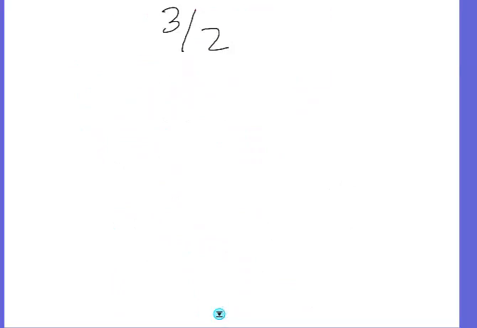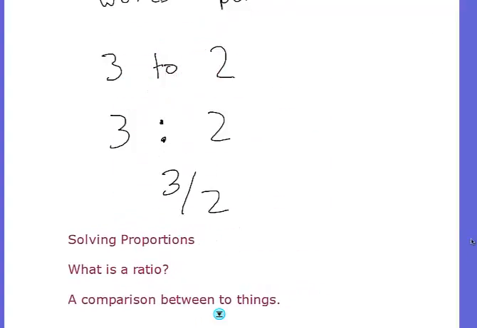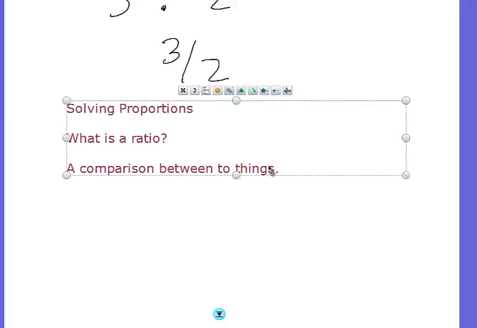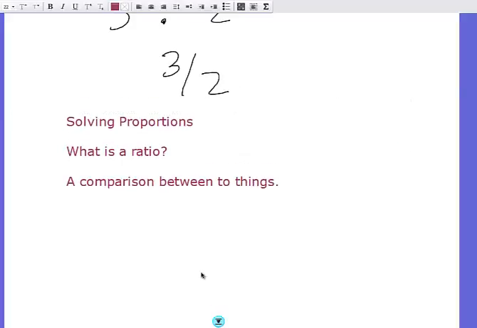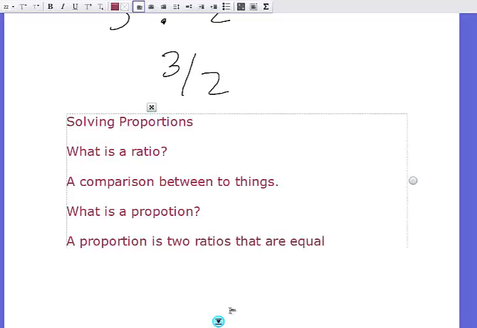A ratio is a comparison between two things, so you can almost bet that a proportion is some type of fancy ratio. A proportion is two ratios that are equal.